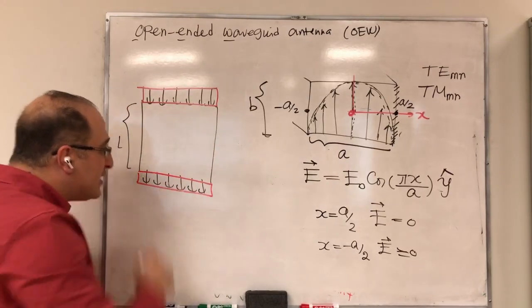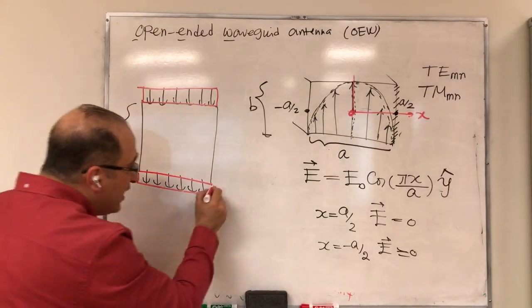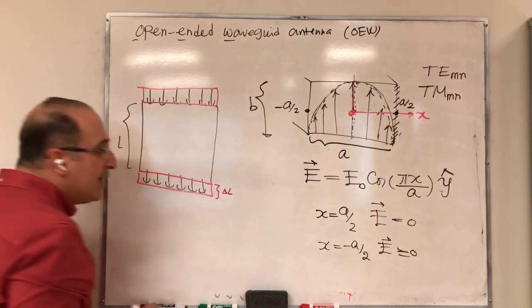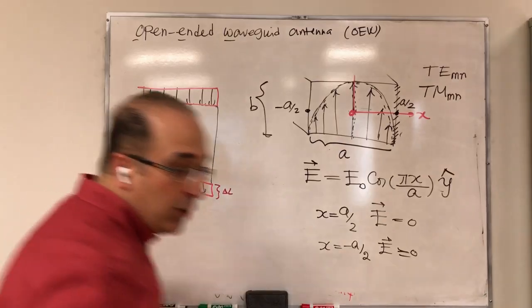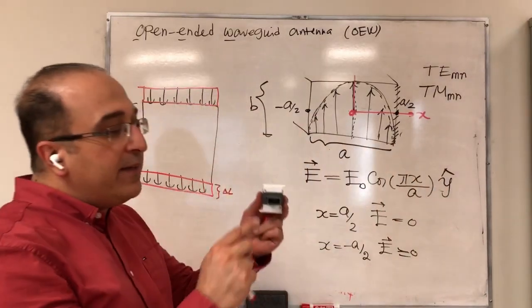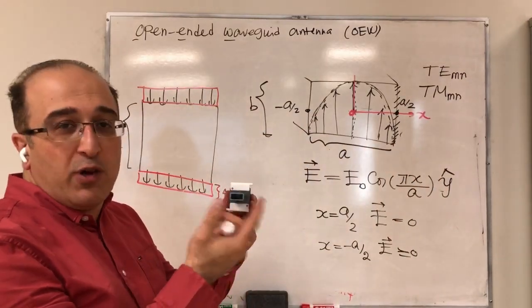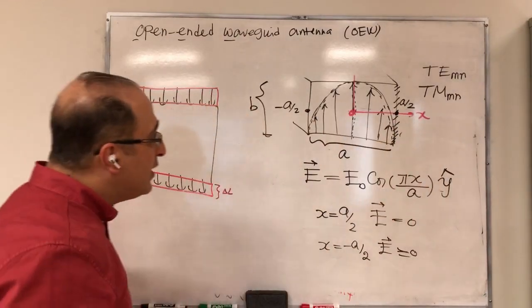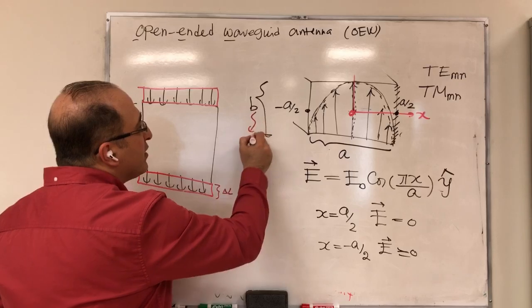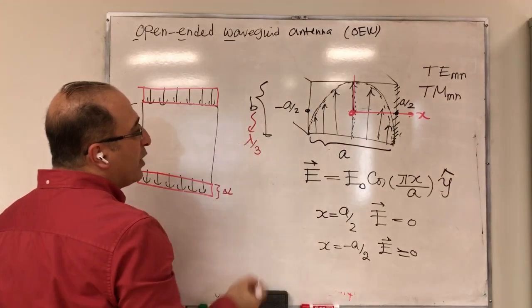The size of this aperture in microstrip antenna is so tiny. This delta L is so small. We calculated that. You know that it's so small, but in the case of open-ended waveguide antenna, this is not small. You clearly see that. So in the case of waveguide, this is in the order of, for example, lambda divided by 3.